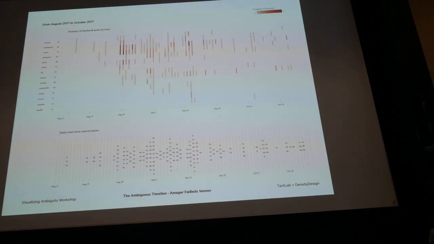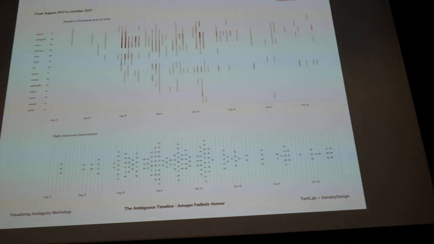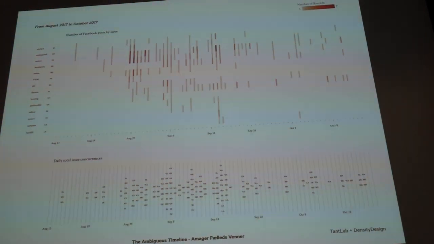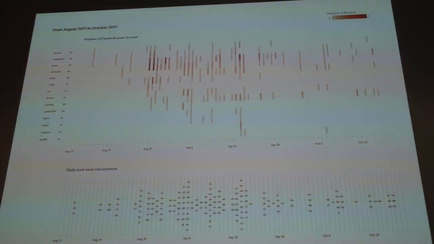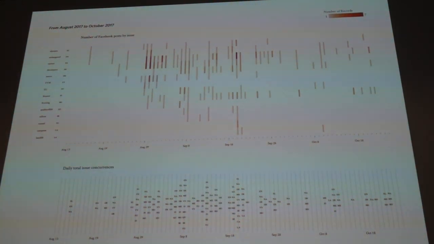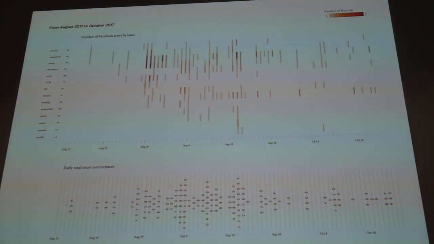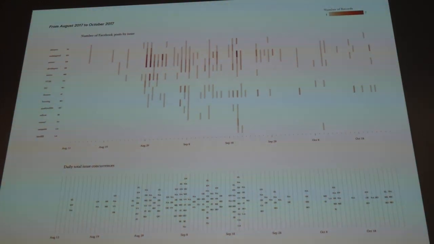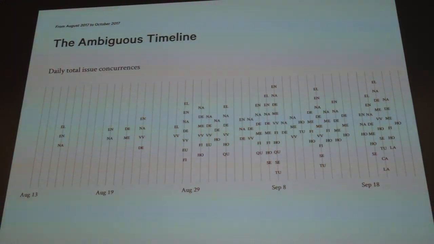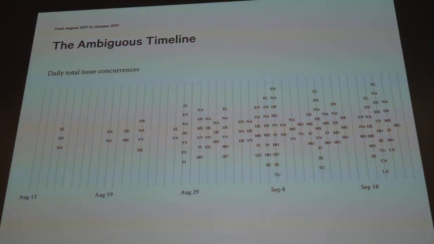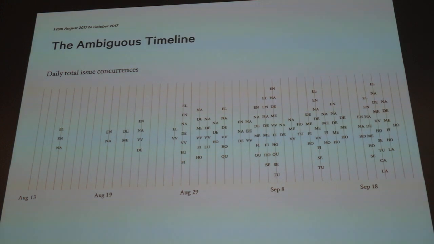And in the second visualization, we can see how the different issues are mapped through time, where there are actually a lot of issues in the vertical axis. It means that there were a lot of convergences between issues on that precise day. And we use the first 2 letters, for example, EN stands for endangered nature, and so on.